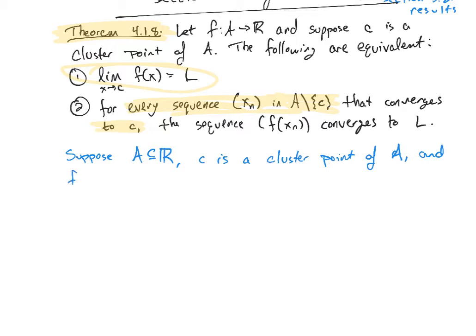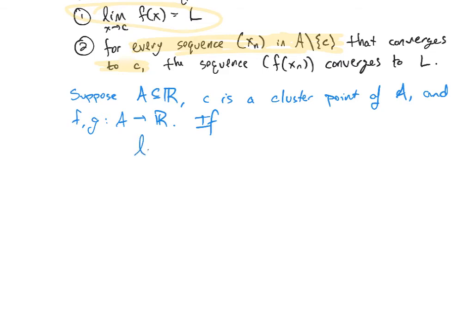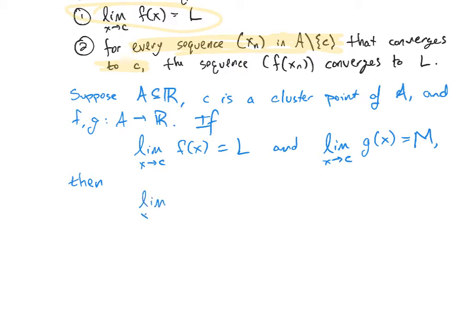So F and G both map A to R. If, and now I'm going to assume we know the limits, the limit of F at C is L, and the limit of G at C is capital M, then the limit of F of X plus G of X is obviously L plus M, because what else could it be, right?